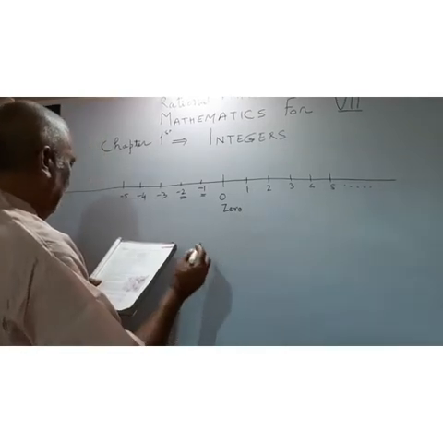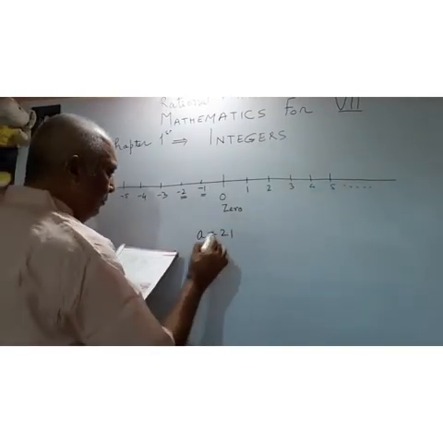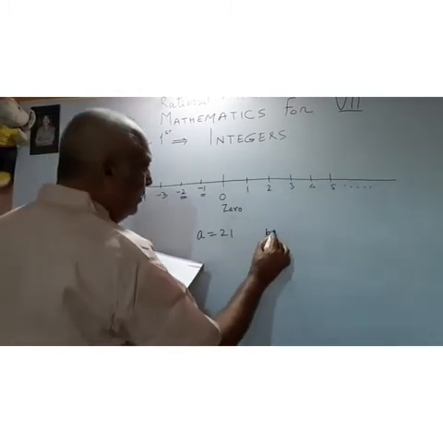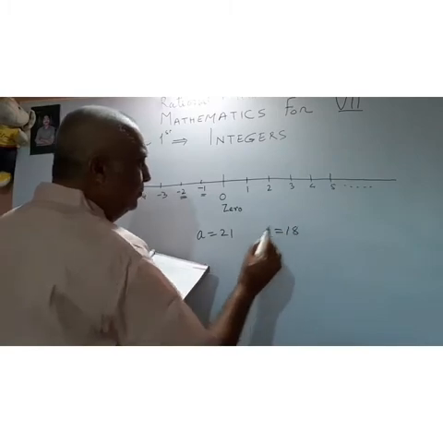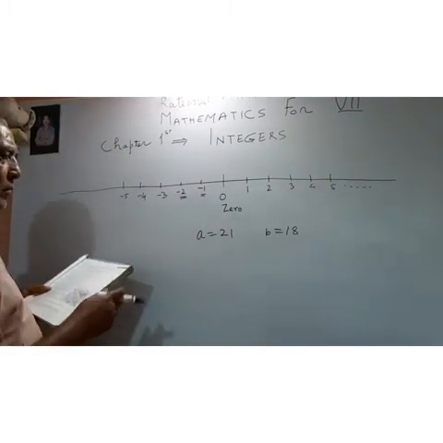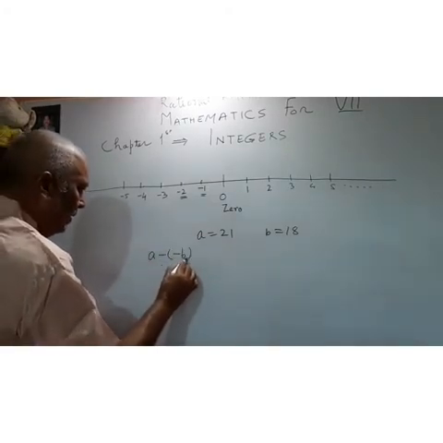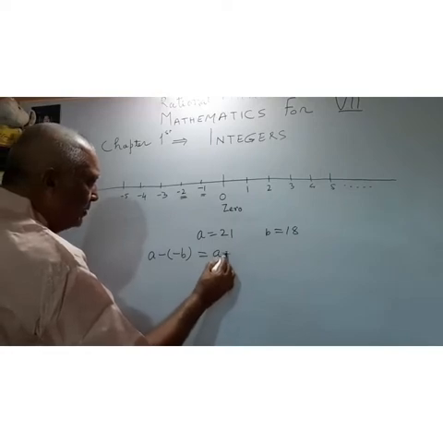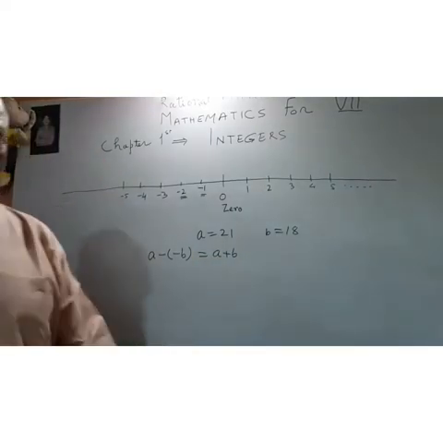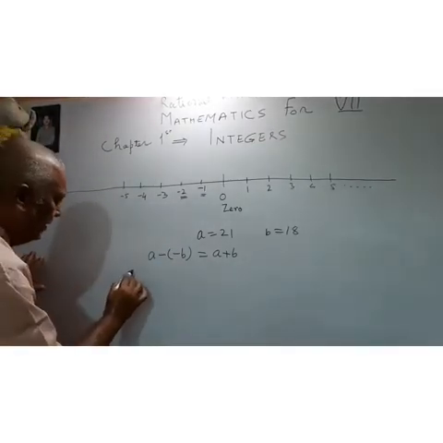See here. If A is equal to 21 and B is equal to 18, you have to find out whether A minus B is equal to A plus B. You may solve this by two ways. First, left hand side.